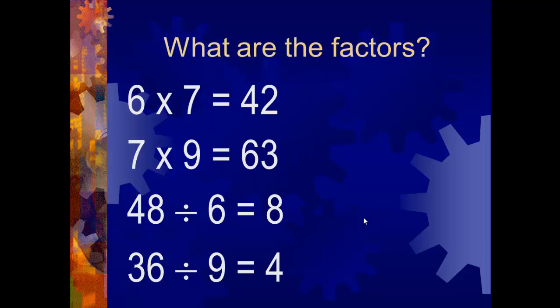First one, 6 multiplied by 7 equals 42. Where are the factors here? This is called the product. This is the multiplication sign, equal sign. So 6 and 7 are factors.